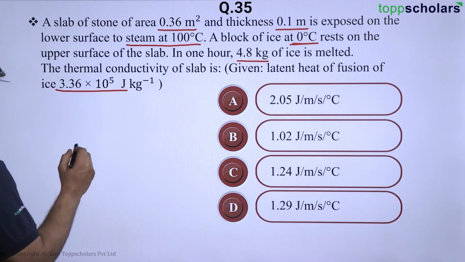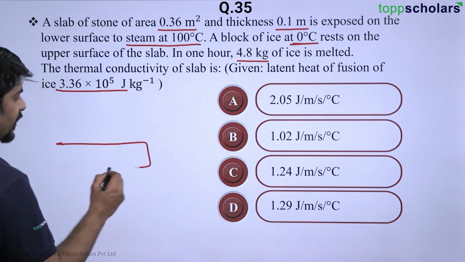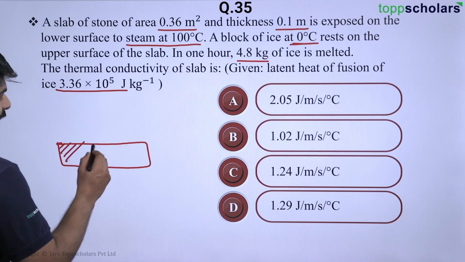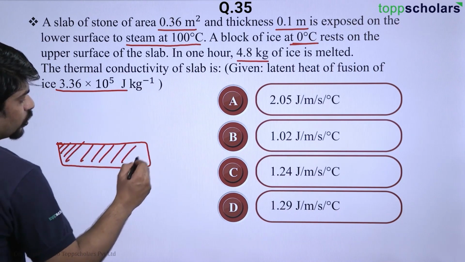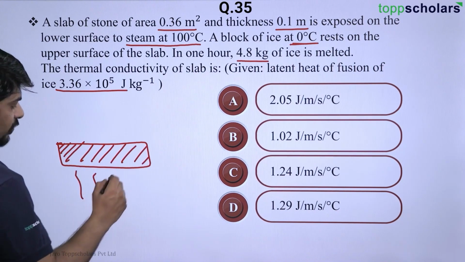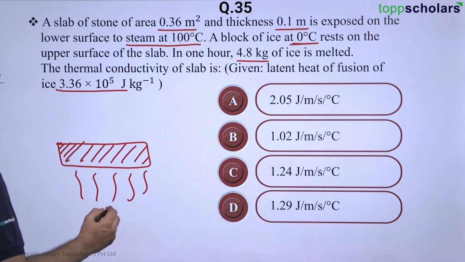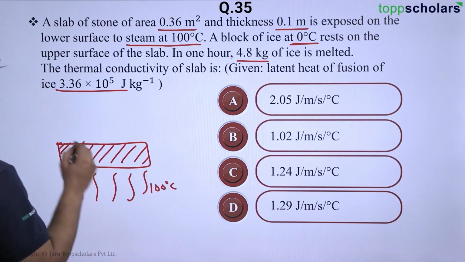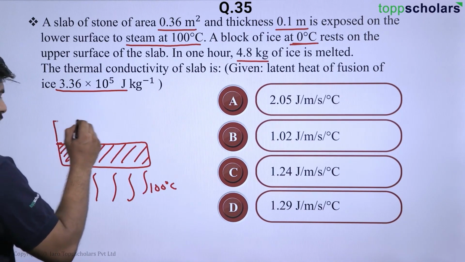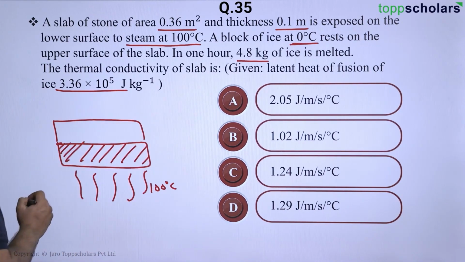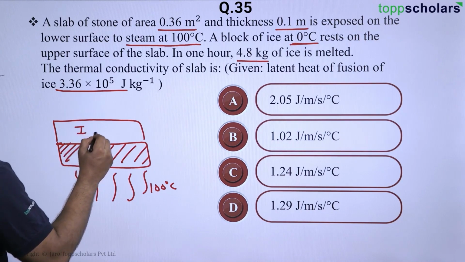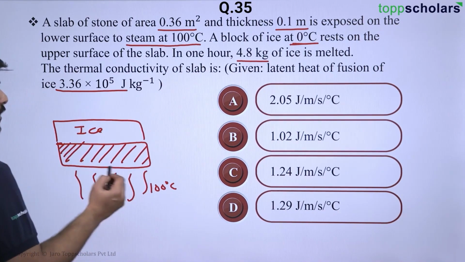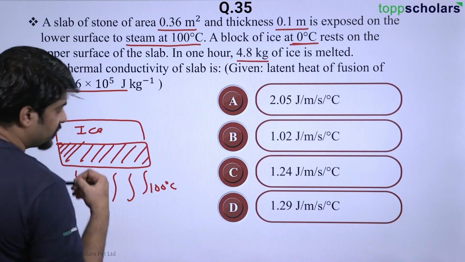The situation is something like this. We have a slab over here, and this slab is exposed to steam from below, at 100 degrees Celsius. On the upper surface we have kept ice. These steams are hot, having a higher temperature, that is 100 degrees Celsius.